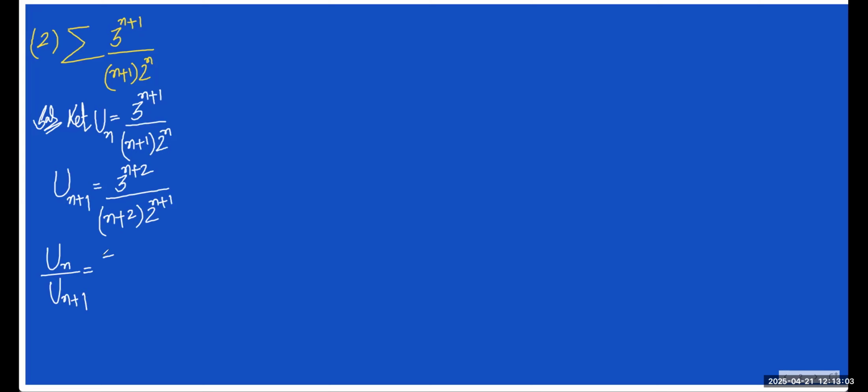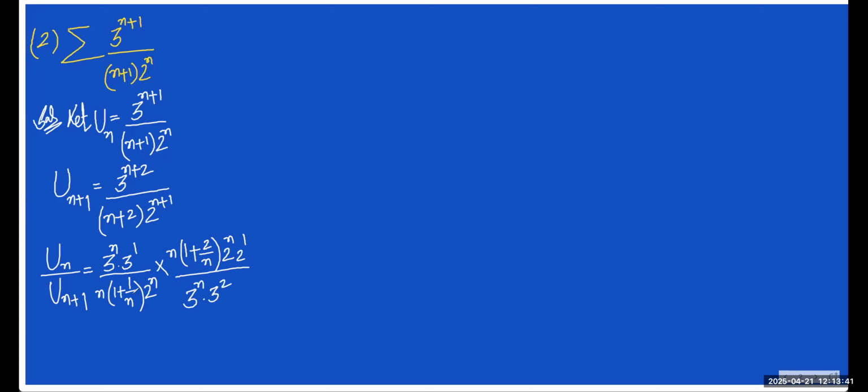Un value 3 power n plus 1 can be written as 3 power n into 3 power 1, divided by, taking n common, 1 plus 1 by n into 2 power n, multiplied by the second fraction, n common, 1 plus 2 by n, 2 power n into 2 power 1 divided by 3 power n into 3 power 2. How many terms are cancelled?